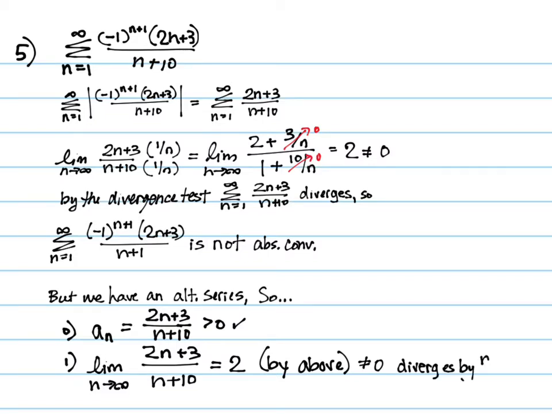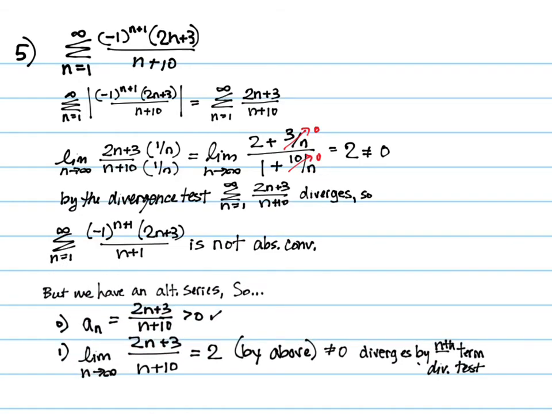And it's diverging by the nth term test for divergence, whatever it's called. I'll abbreviate it that way, divergence test. So what that tells you is by the alternating series test, the original alternating series as well will diverge.